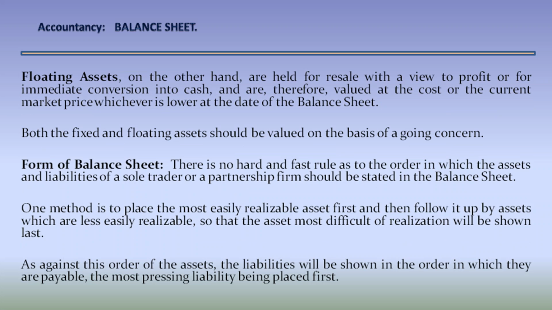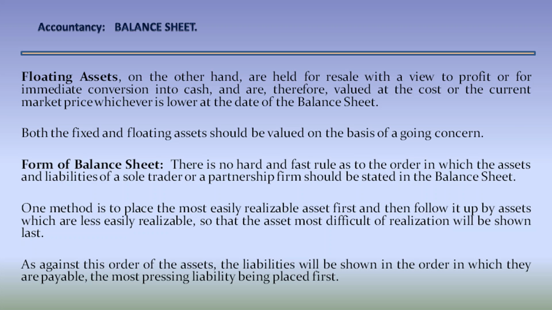Floating assets, on the other hand, are held for resale with a view to profit or for immediate conversion into cash and are therefore valued at the cost or the current market price, whichever is lower, at the date of the balance sheet. Both the fixed and floating assets should be valued on the basis of going concern.